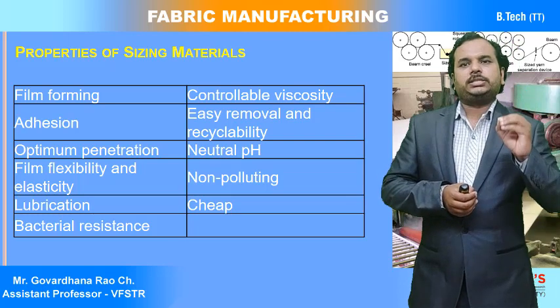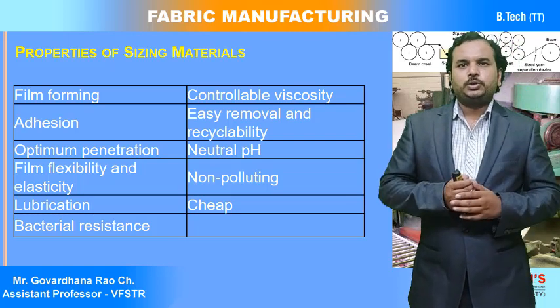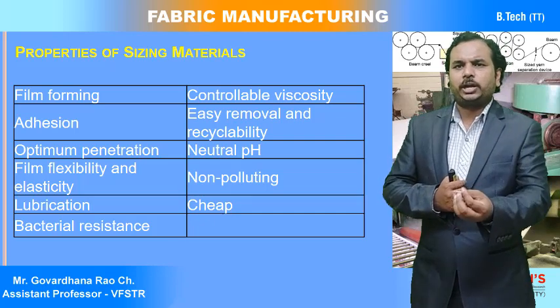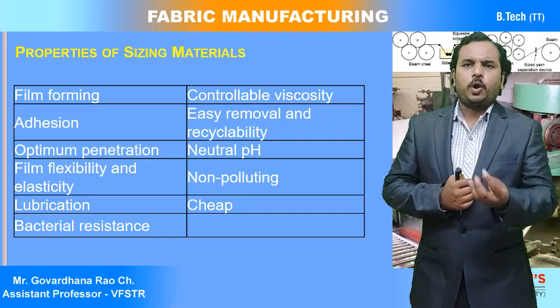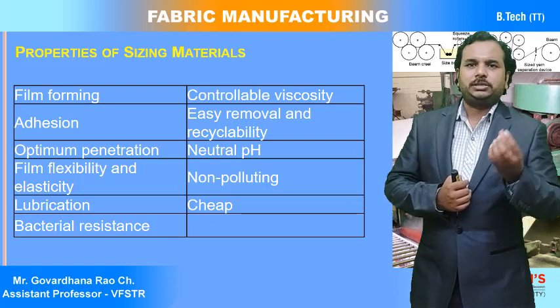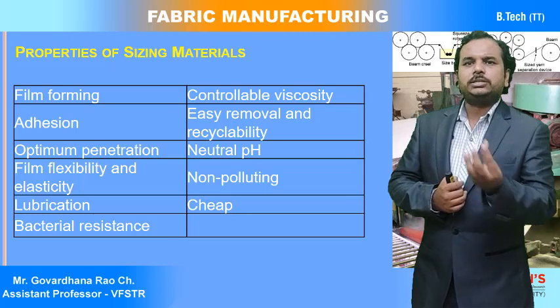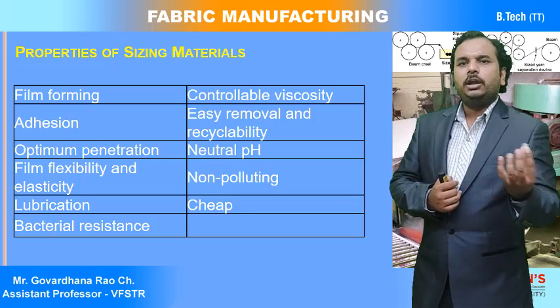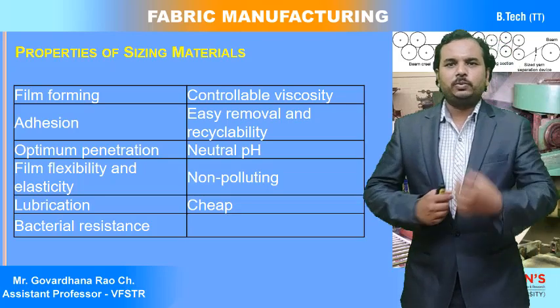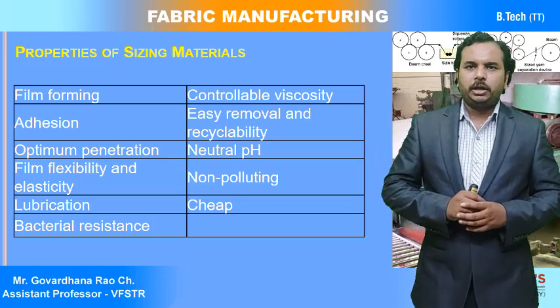The sizing materials are like maize starch, rice, potato, tapioca. All these come under the adhesives of the size paste. These are some of the ingredients in the size paste, as an adhesive.